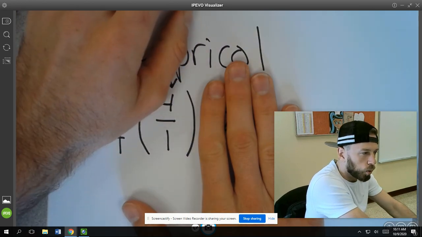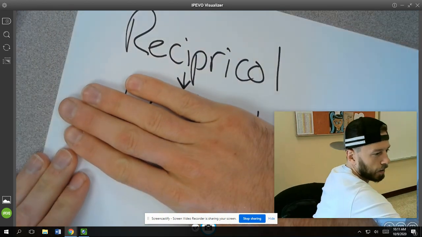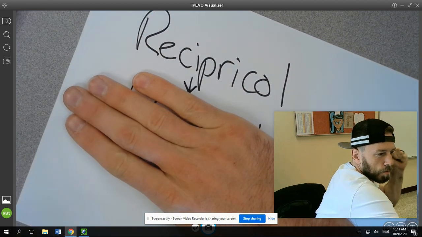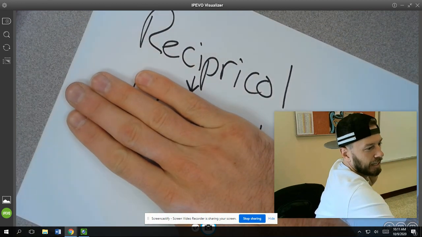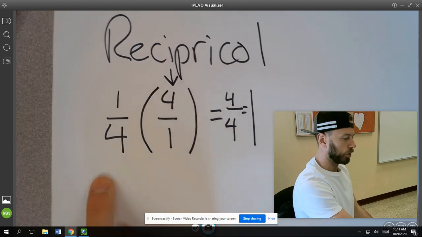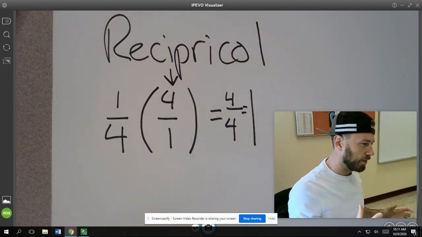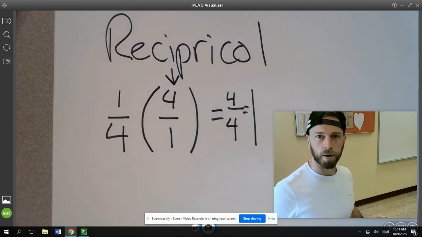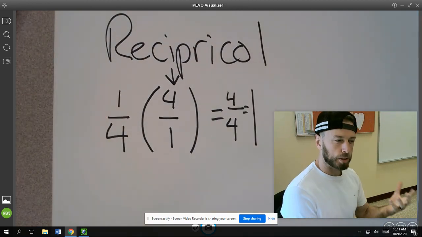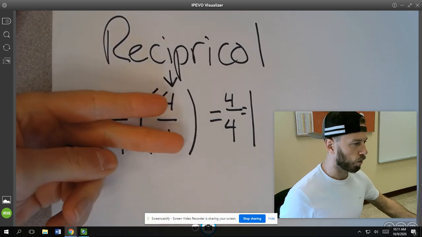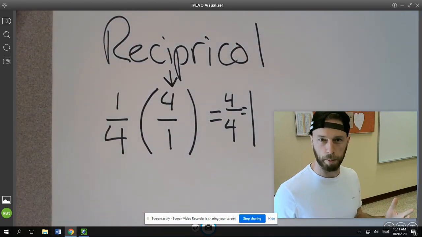So real quickly, reciprocal is whatever multiplies by that number that makes it 1 whole. But a simpler way to think about it is just flip the number. So if it's 1/4, what's the reciprocal of 1/4? It's 4 over 1. That's what reciprocal is.